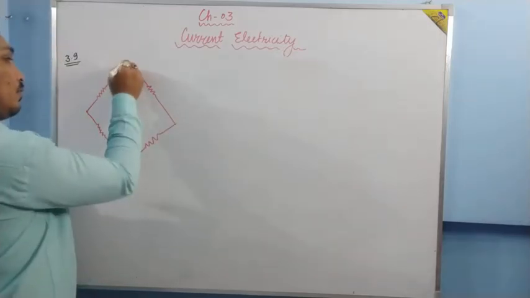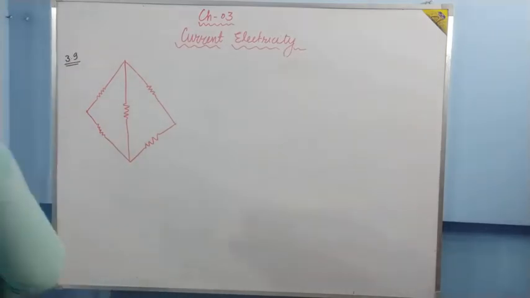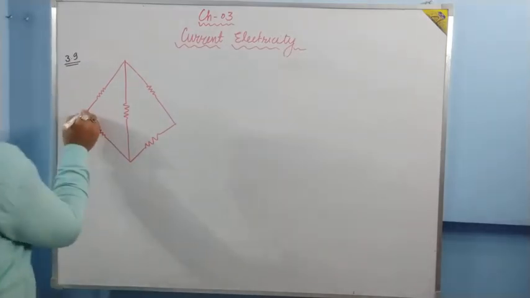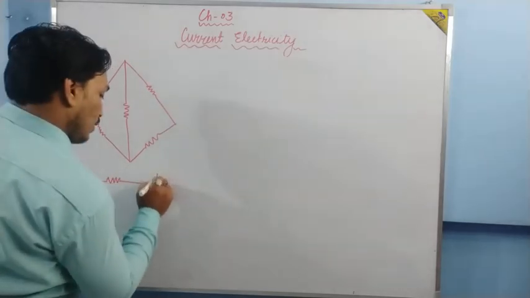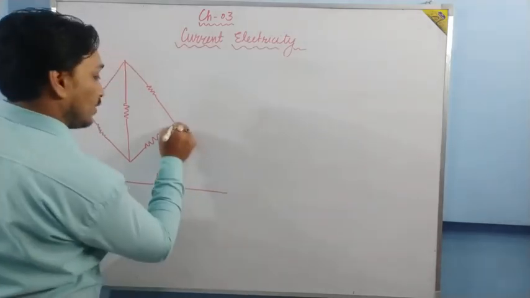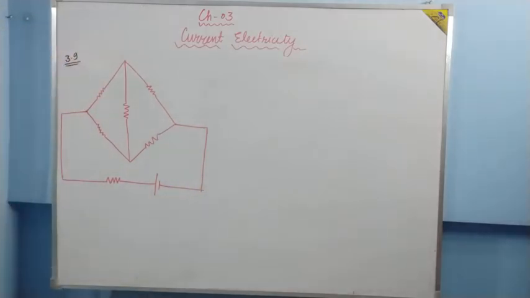One more resistance is there, this, and then one cell is there, one resistance is there. So this is how the circuit looks.